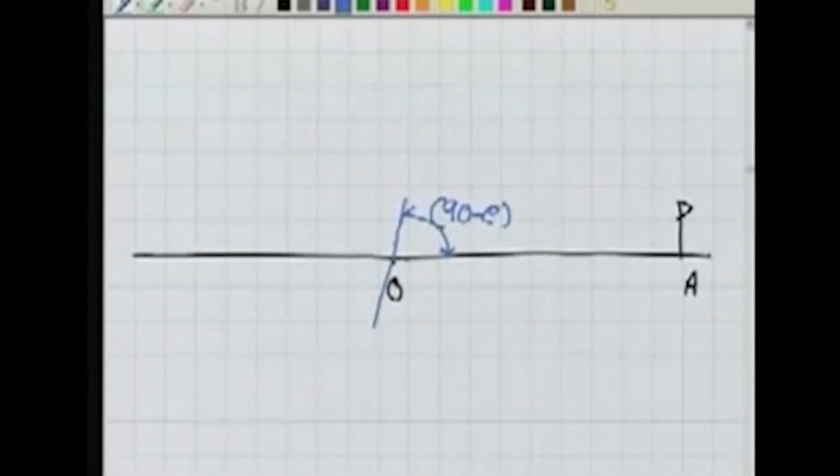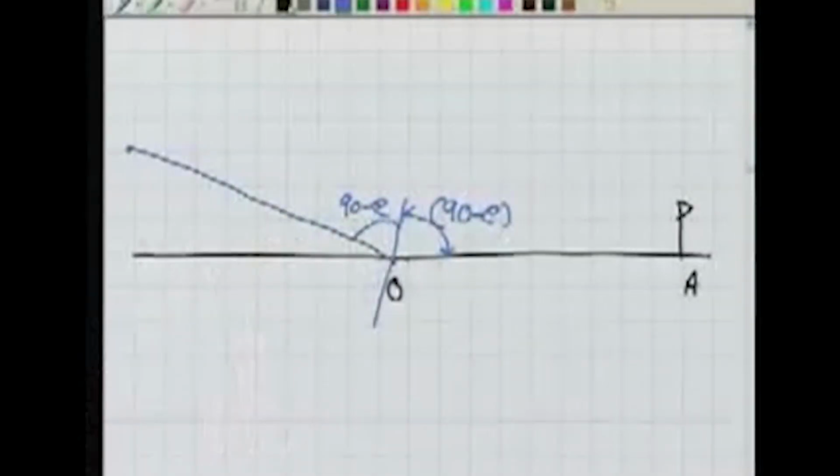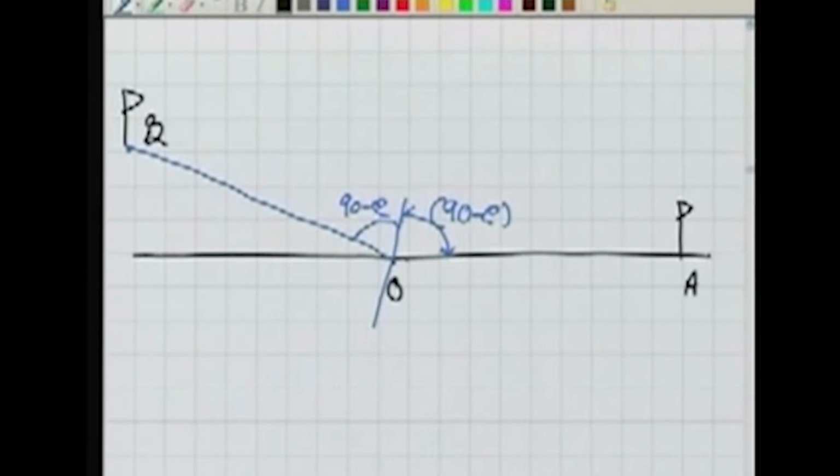So the meaning of that is, now the line of sight will again make a 90 minus E angle, because the angle will remain the same, and this is how the line of sight will go. So what we are doing, we have bisected A, transiting it, and we are establishing one more ranging rod here. Let us say that ranging rod we call B, as in the earlier case.